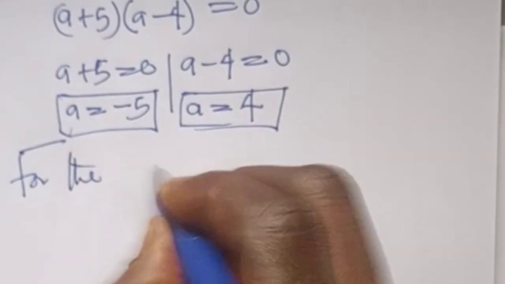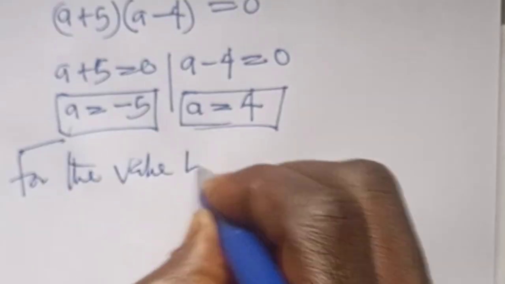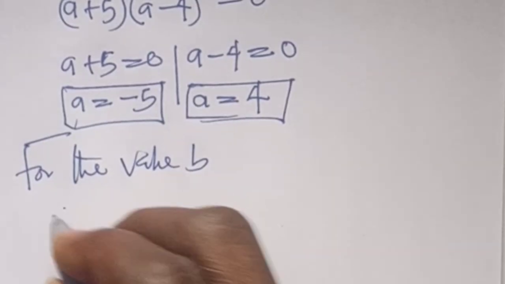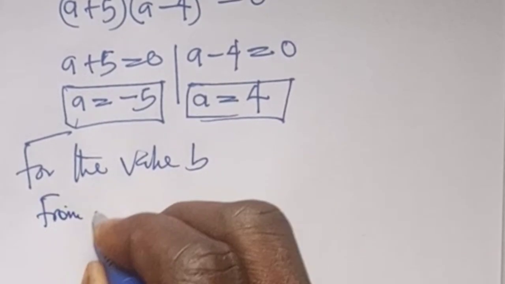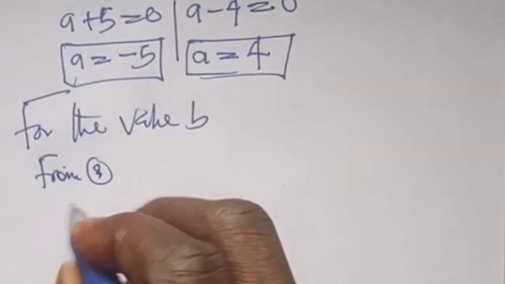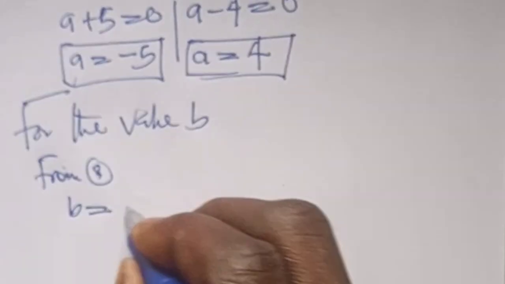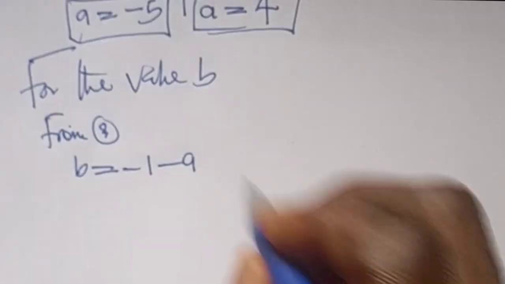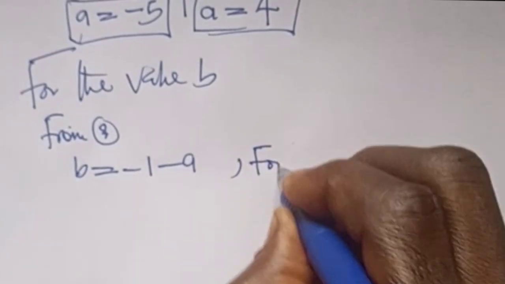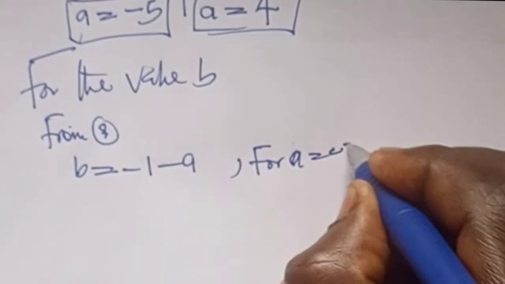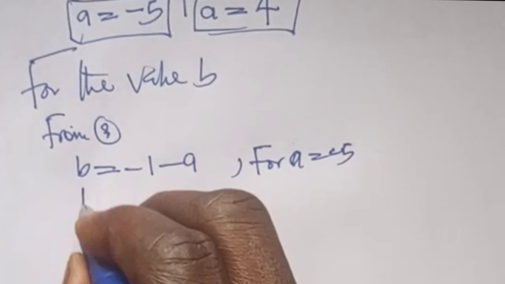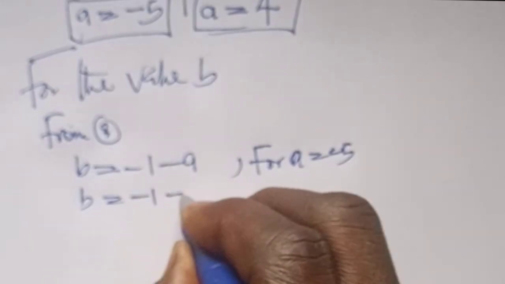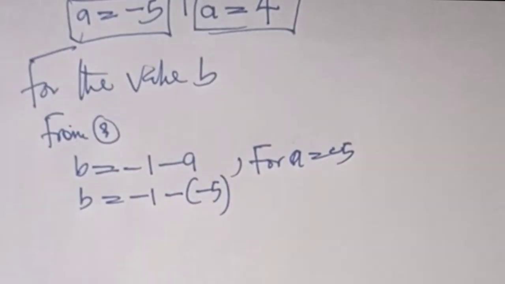So for the value of b, from equation 3, we have b equals minus 1 minus a. For a equals minus 5, b will be equal to minus 1 minus minus 5.